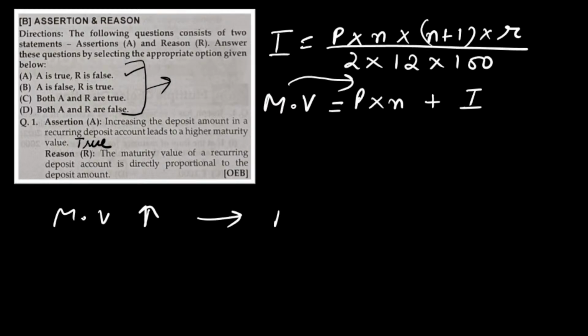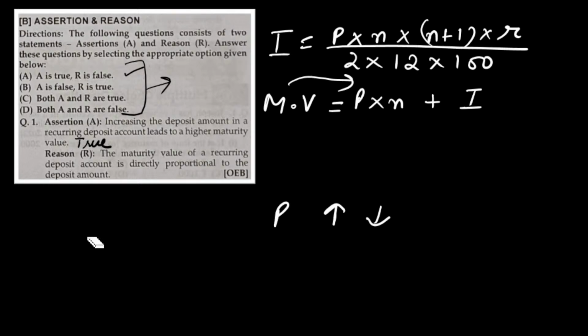So if principal is increased, maturity value will also increase. If maturity value is increasing, that means principal is also increased. So directly proportional means both the things they will increase together and both the things they will decrease also together. So this is the meaning of directly proportional.